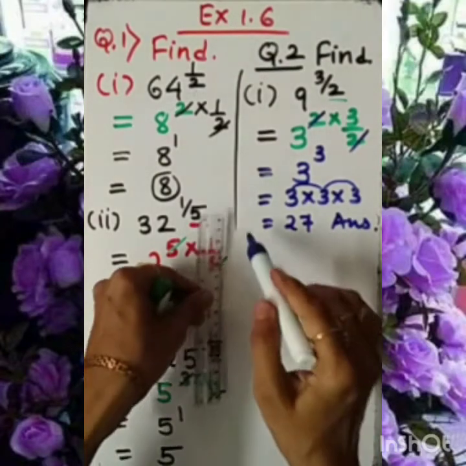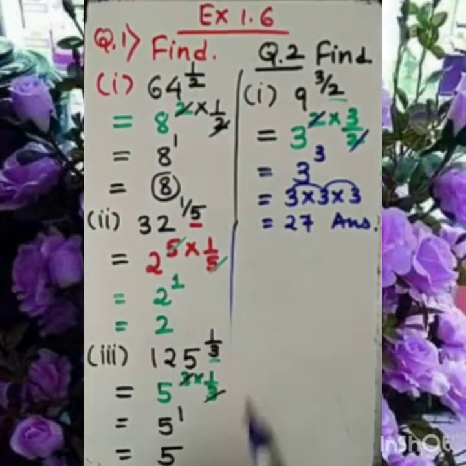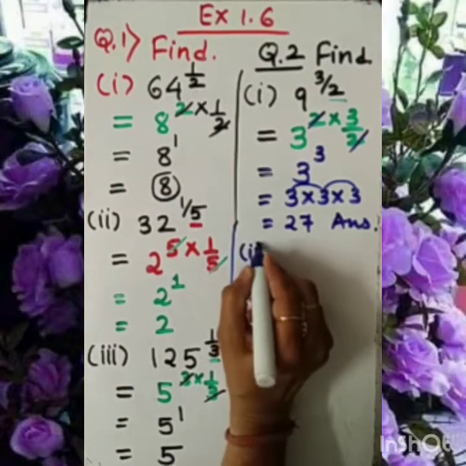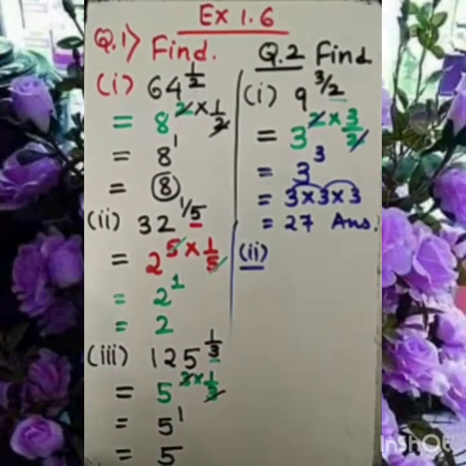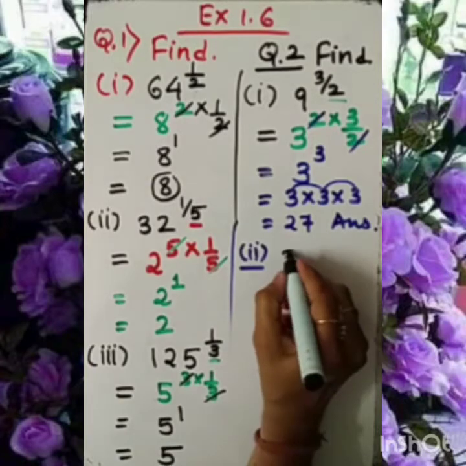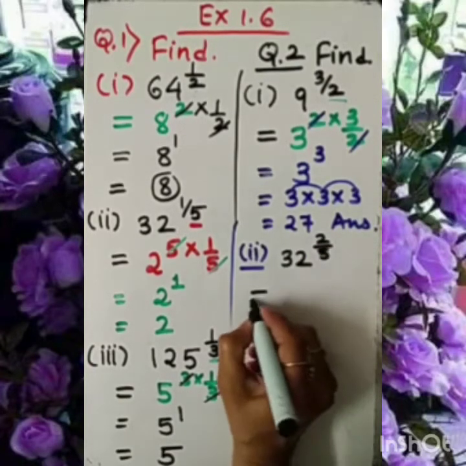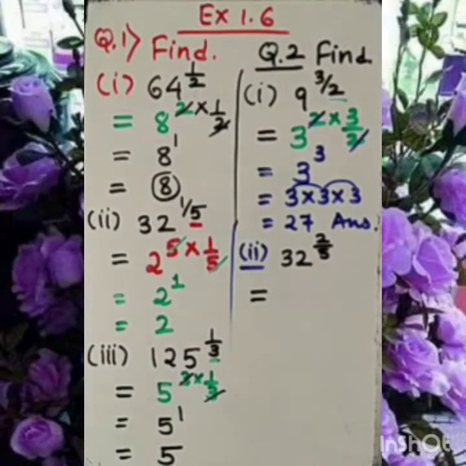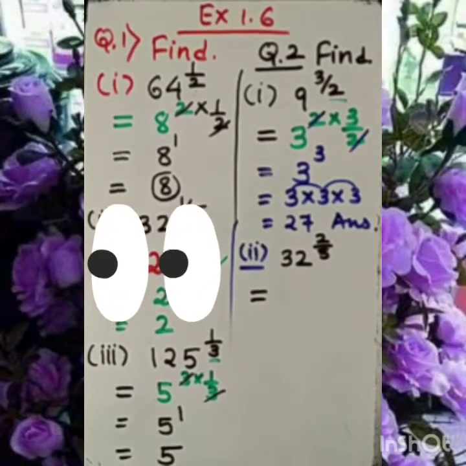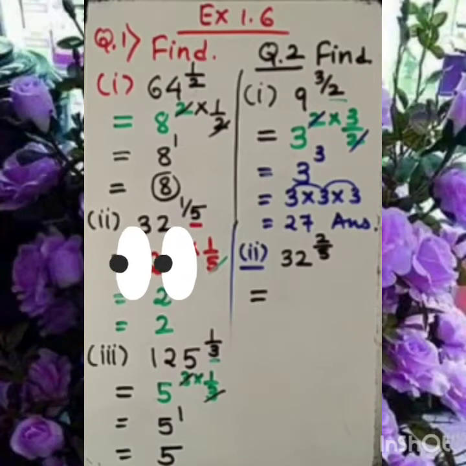Let's work on the second part. What are we given here in the second, let's see. We are given 32 to the 2 by 5 power. Okay, 32 is having 2 by 5 power. Again, I am asking you to be a keen observer. What is the meaning of keen observer? First, focus, think, how can we solve?